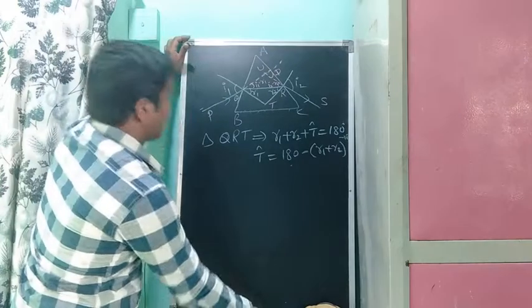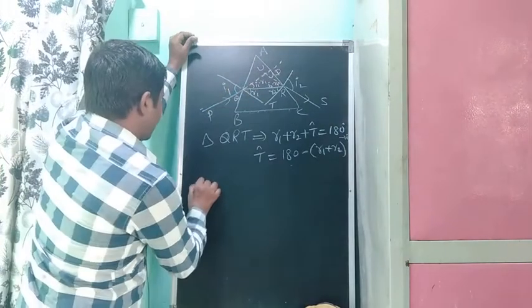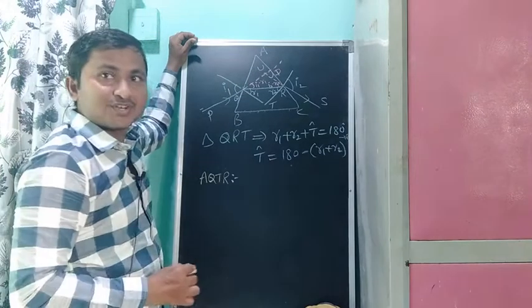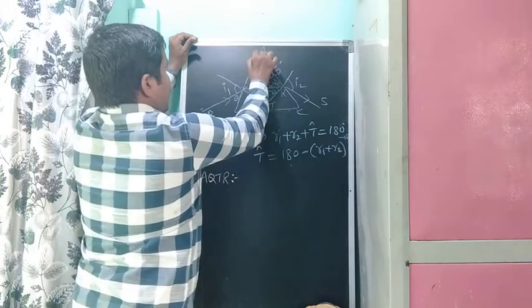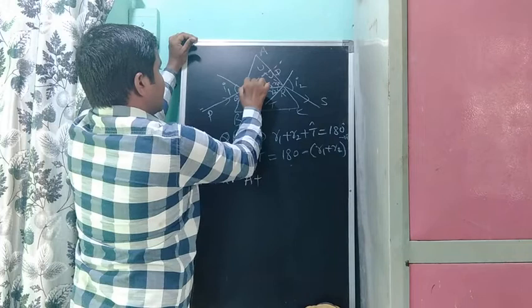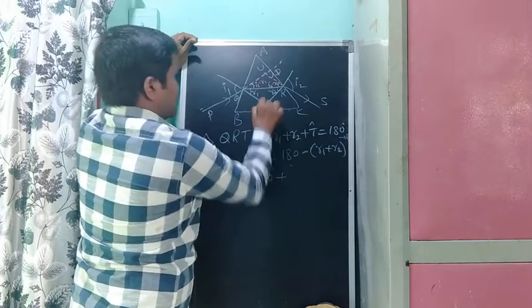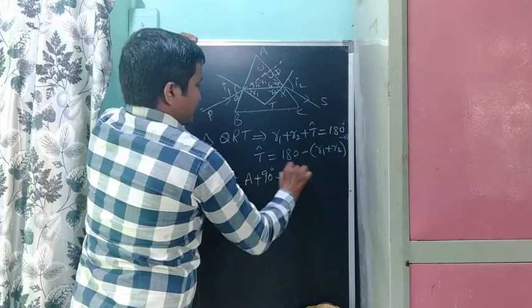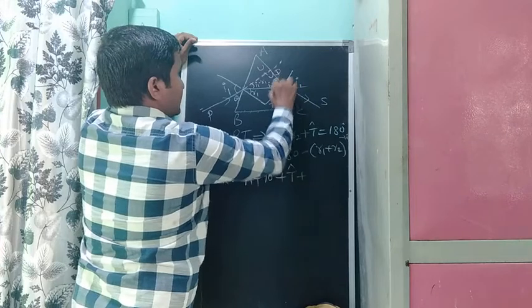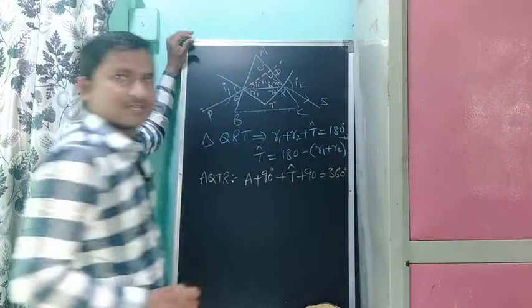Again from the quadrilateral AQTR, the total angle in the quadrilateral is 360 degrees. So the angle at A is A, the angle of prism, plus the angle at Q, this is the normal, so its angle is 90 degrees, plus angle T, plus here at R this is the normal, so the angle is 90 degrees, equal to 360 degrees.